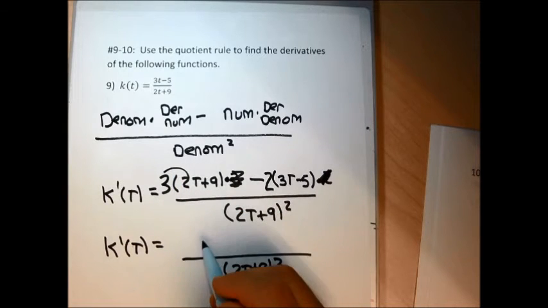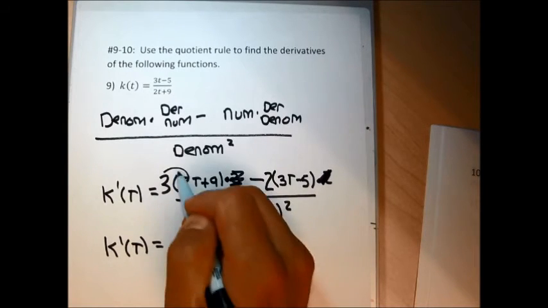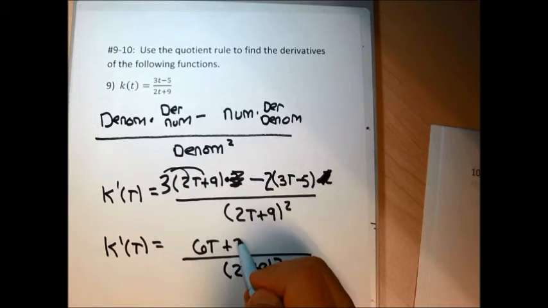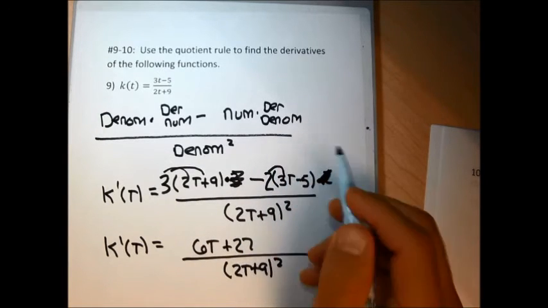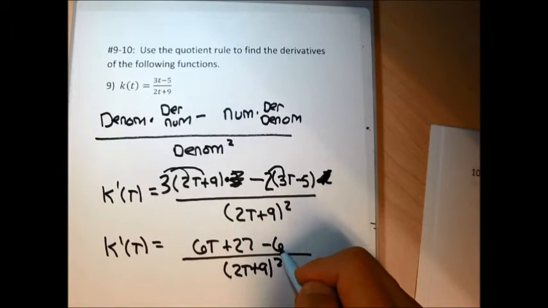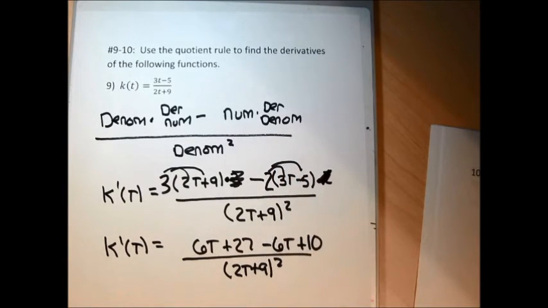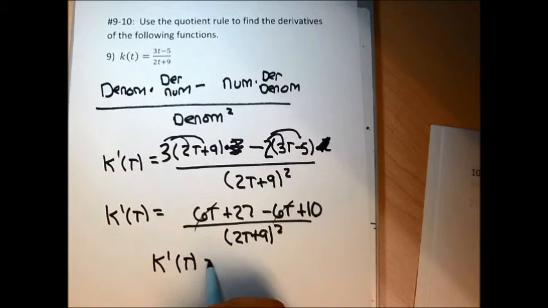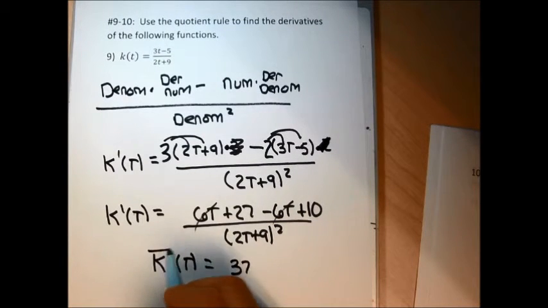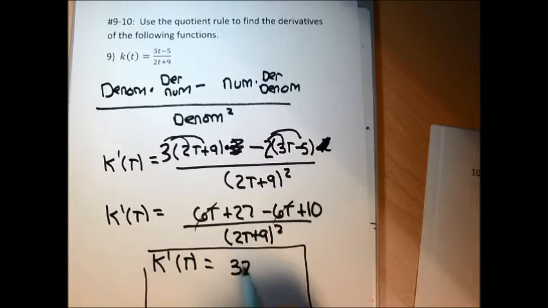So I'm going to go 3 times 2t is 6t. 3 times 9 is 27. Minus 2 times 3t is minus 6t. Minus 2 times minus 5 is plus 10. The 6t's cancel in the numerator. I add the 27 and the 10, and I'm going to be done. So I'm going to get k prime of t is 37 over 2t plus 9 squared.